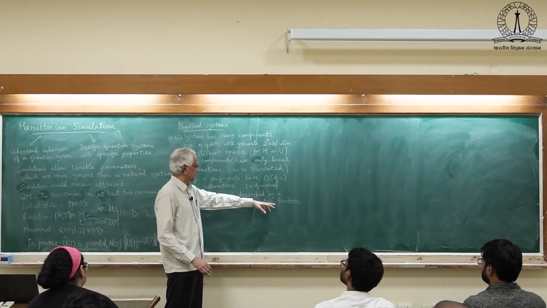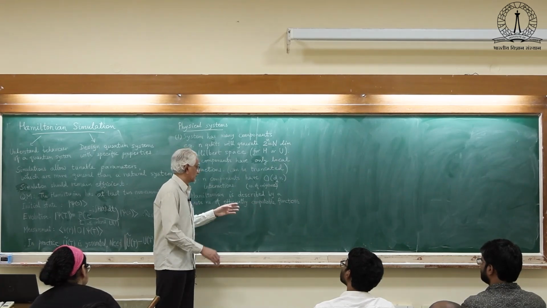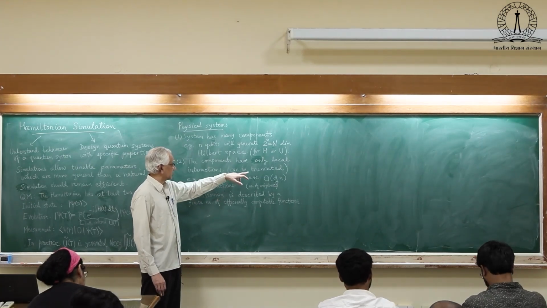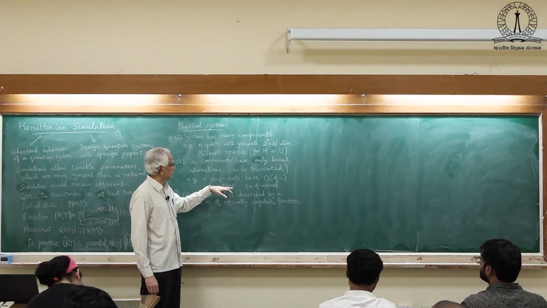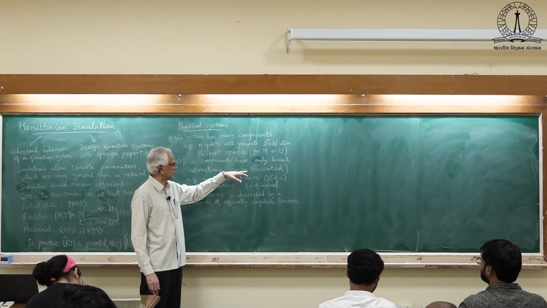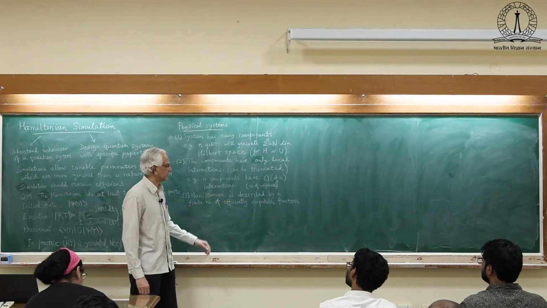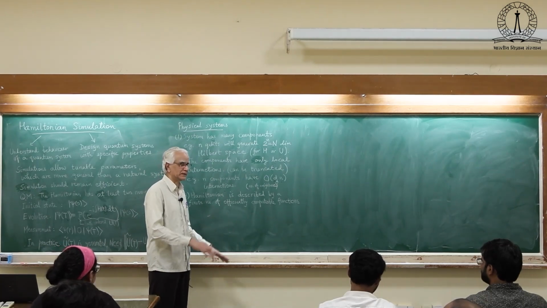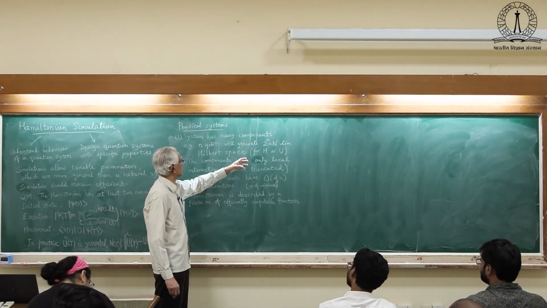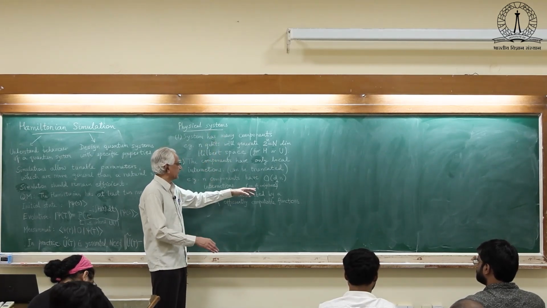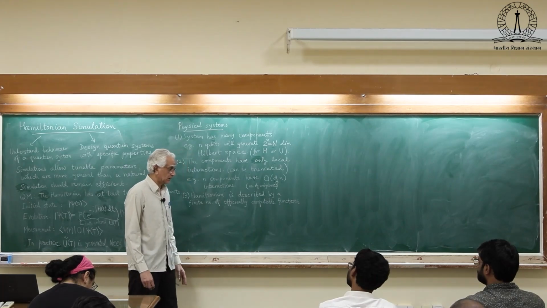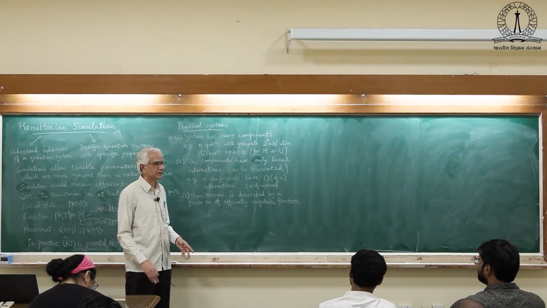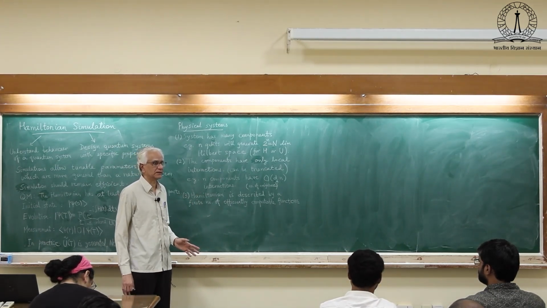For example, it can depend on the location, so the value of the Hamiltonian at one point is different from that at another point, but the difference comes solely from the label of the location. So I can say it is some function f of r. The function is well defined, r can be variable, and r can depend on the label of the component. Or if it is an interaction with a variable dependence on the distance, there will be some V of r. r can vary from place to place, but the function itself is well defined.